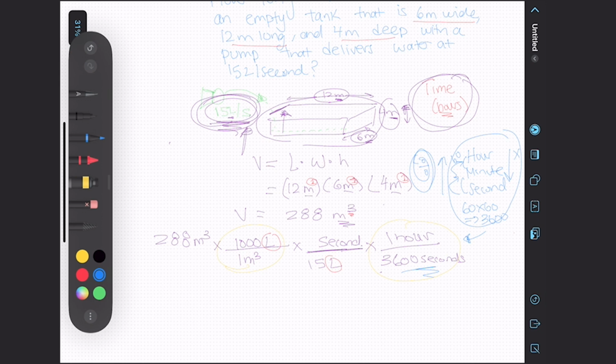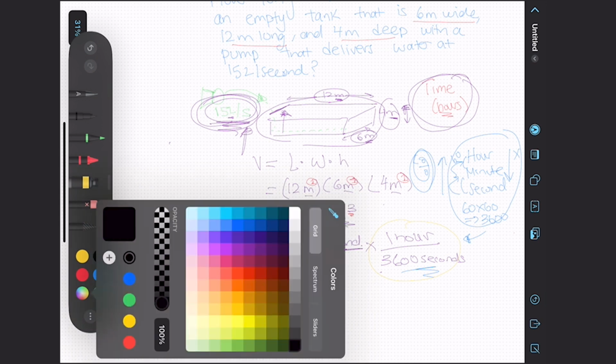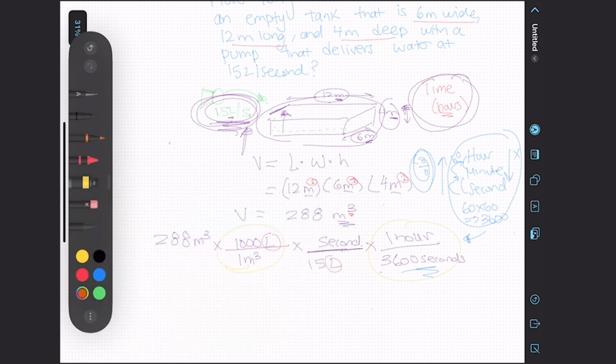Okay, so now let's look back at the problem. Again, I'm using dimensional analysis. So meters cubed cancels out, liters cancel out, seconds cancel out, and we're left with hours, and that's exactly what we're looking for.